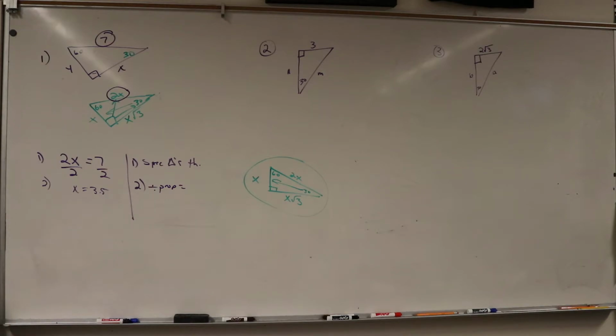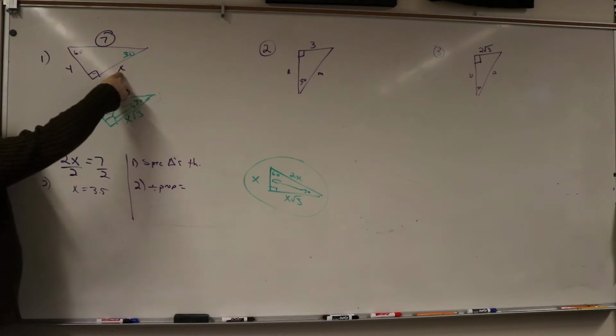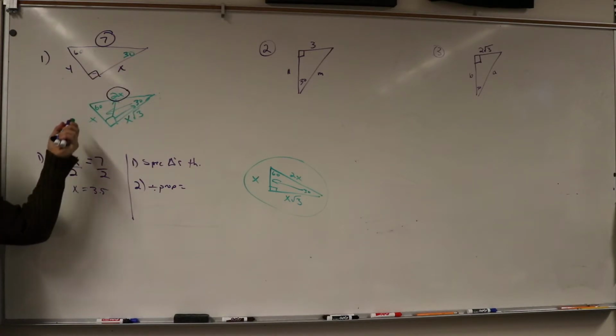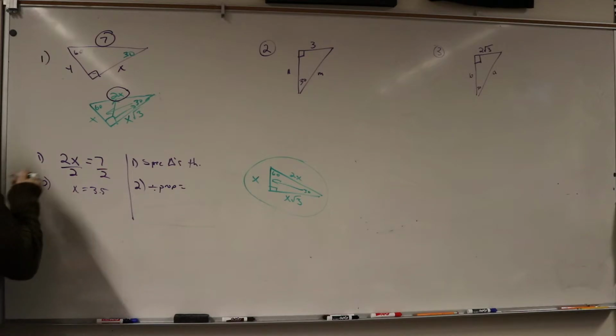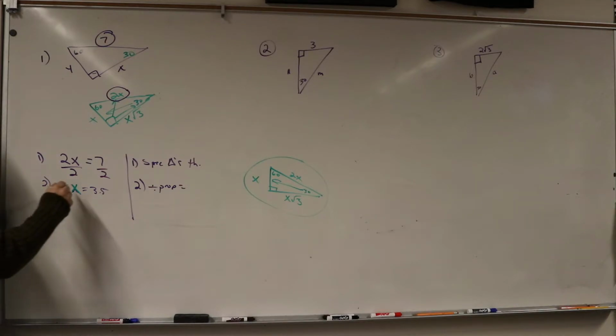Okay. All right. So that tells us what this x is. Not what this one. Not the one of the problem, okay? It tells us the green x. So you might want to make a note that this is the green x, not necessarily the one of the problem.